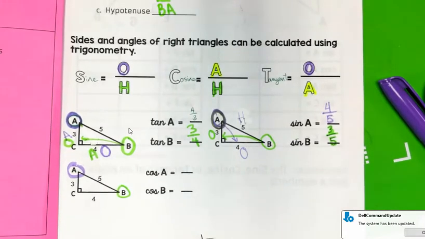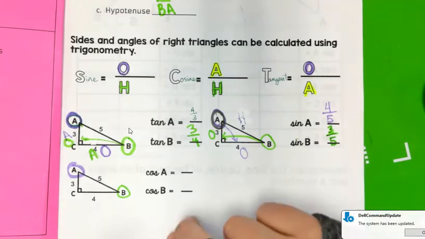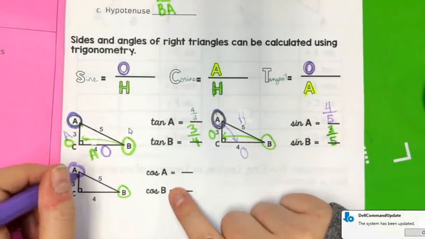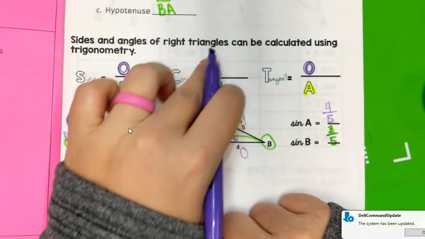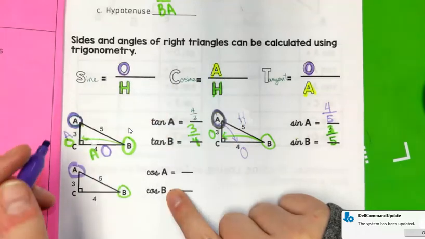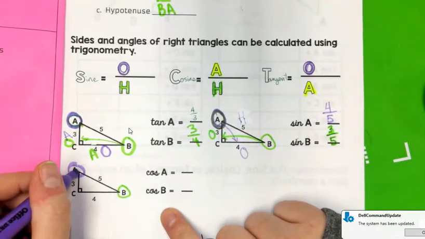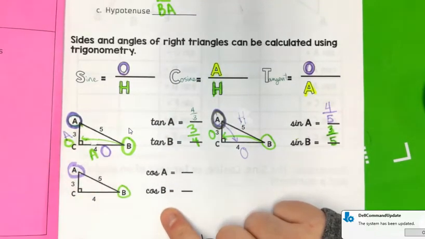All right, moving right along to cosine of A. So for my cosine of A, I've got my angle here, and then we want to figure out what we're looking for. We're looking for the adjacent side and the hypotenuse side. So we want to look at angle A and figure out which one is next to it, but not the hypotenuse.